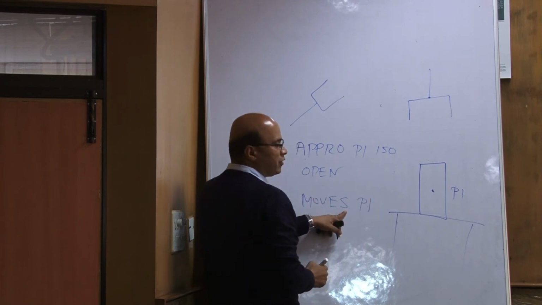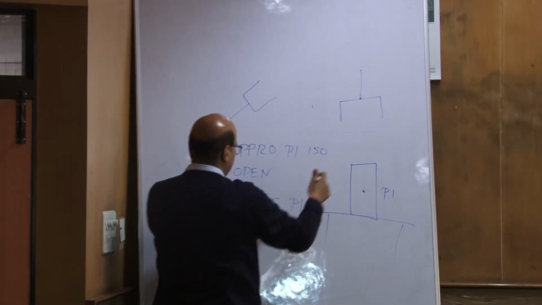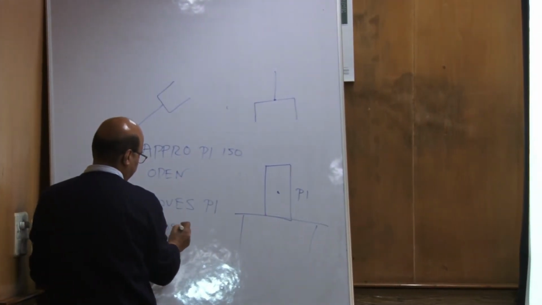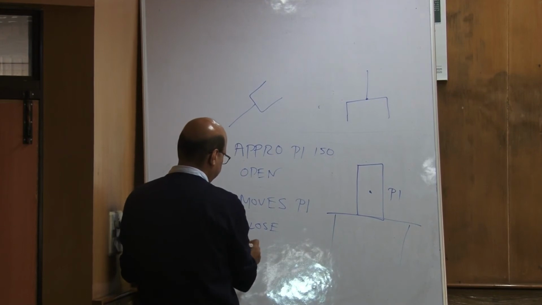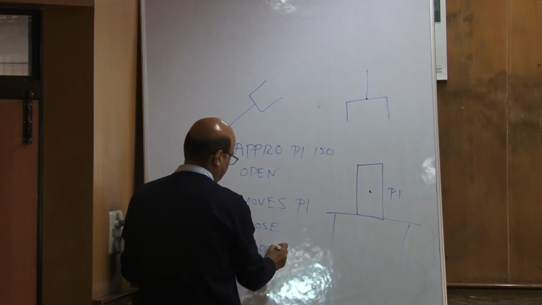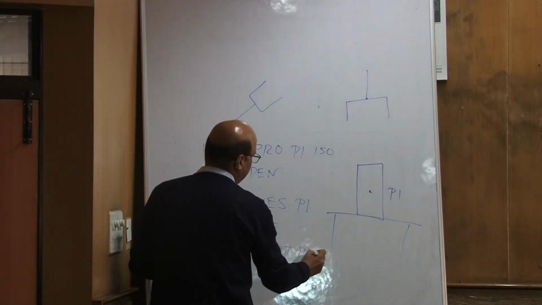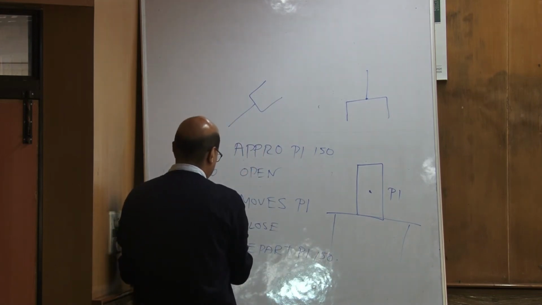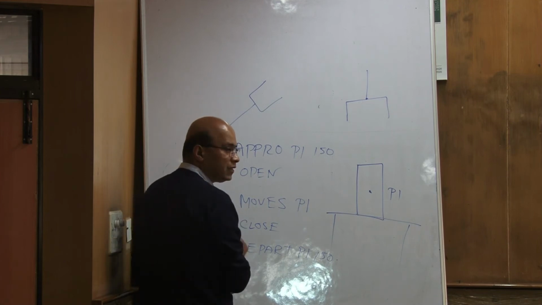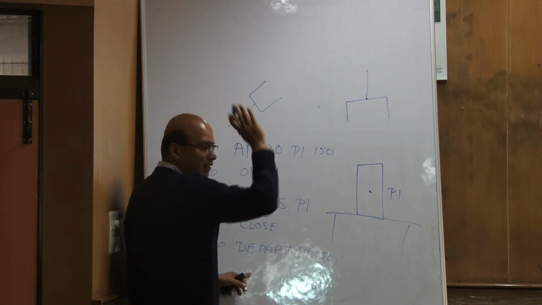So moves, S is moving in a straight line. So it is moving down. Then I say close. Okay. So it's closing. Then I say depart P1 and go back there at 150. Okay. Then you can say move somewhere else and do something else.